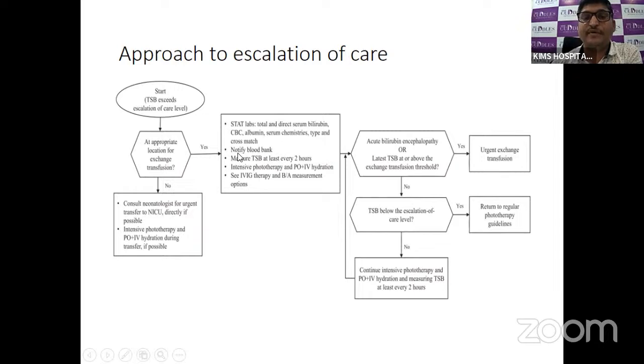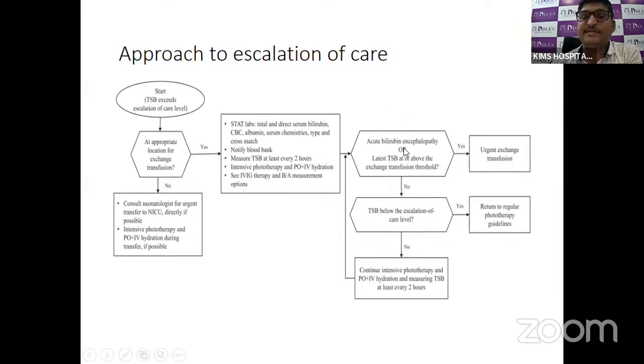Notify the blood bank, measure TSB every 2 hours, and start the child on intensive phototherapy and IV plus oral hydration as well. You can consider IVIG therapy in cases of immunohemolytic disease and neonates with a positive direct antiglobulin test, or DCT.